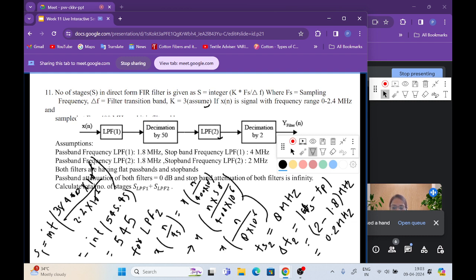Now we have to calculate the number of stages for low pass filter 2. I hope all of you noted down till here. I am going to remove it so that I can write.